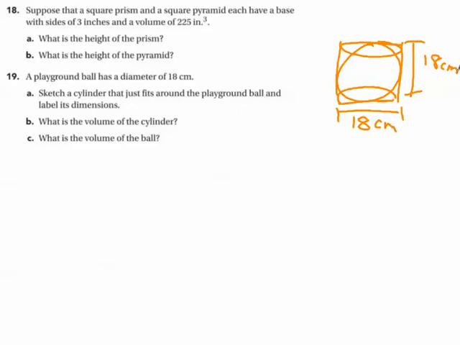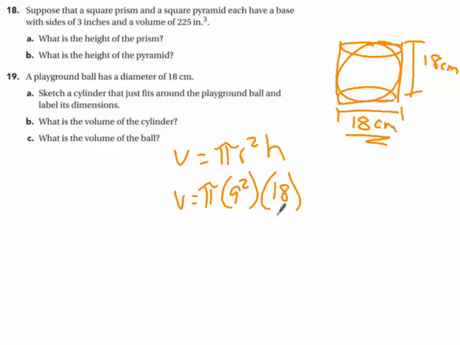So if it's asking for the volume of the cylinder, I know that the volume of the cylinder is pi r squared times the height. My radius is going to be half of 18, so the volume is equal to pi times 9 squared times that height of 18. I know that the volume is equal to pi times 81 times 18, and you can do the rest of the calculations from there.